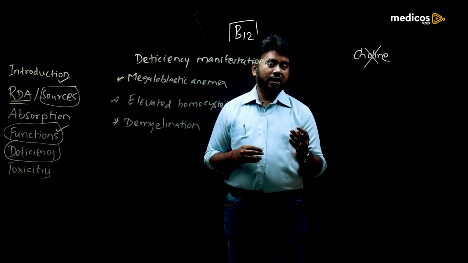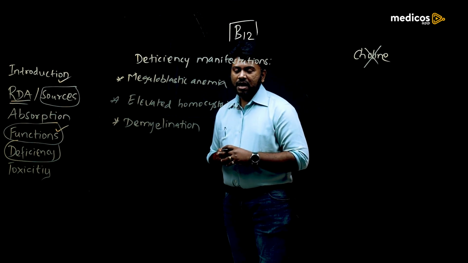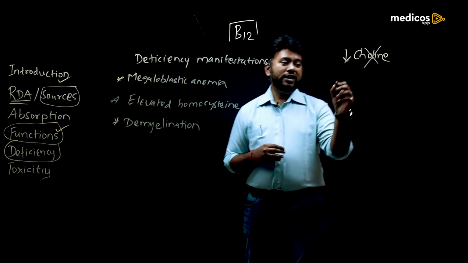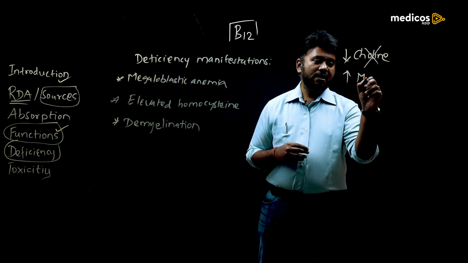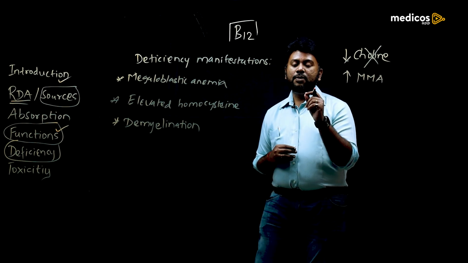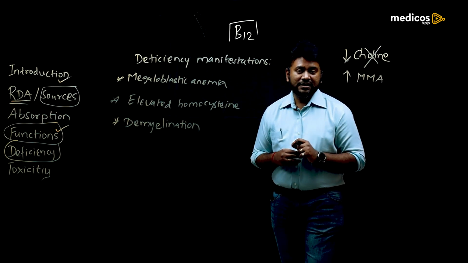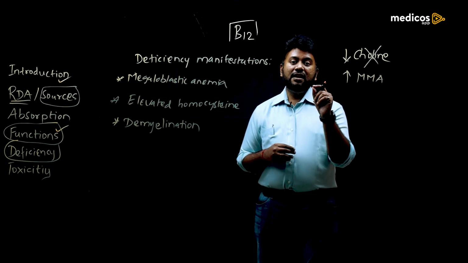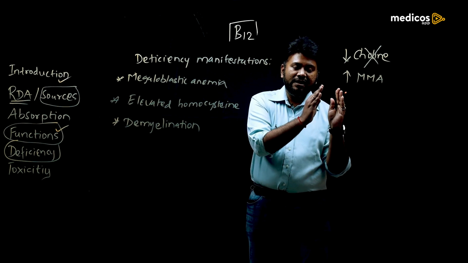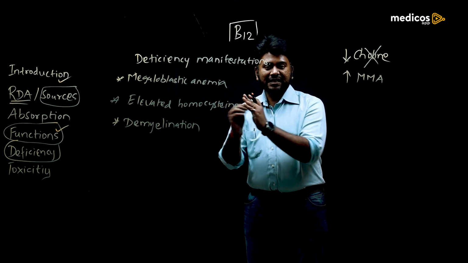be more severe. Why is it more severe? Apart from decreased choline production, there is also increased accumulation of methylmalonic acid. We saw that adenosyl B12 acts as a coenzyme for our methylmalonyl CoA isomerase enzyme, which converts L-methylmalonyl CoA to succinyl CoA.